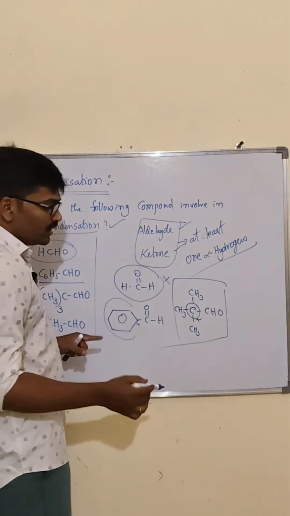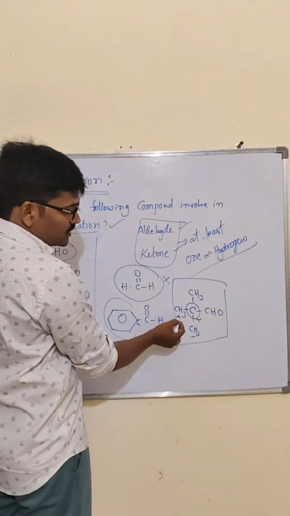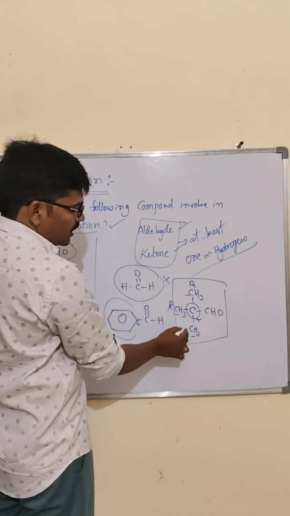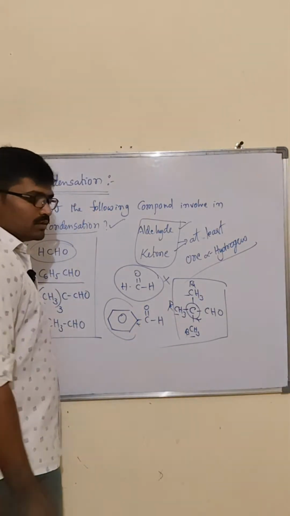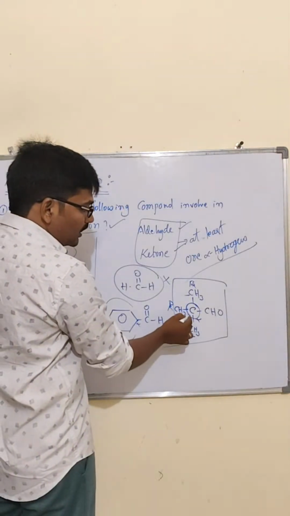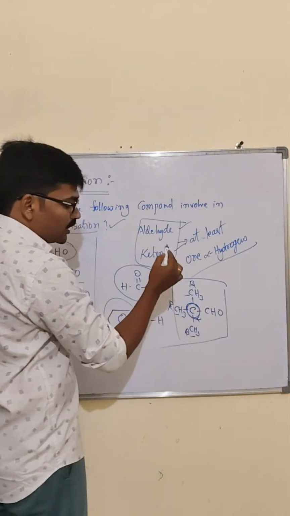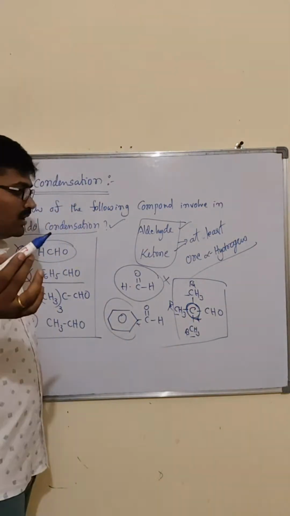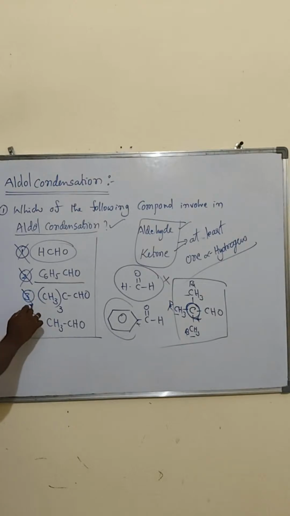Don't confuse. Sir, ikkadunna carbons evaithe unnayo ee carbons beta carbons avutayi. Alpha carbon ki attach ayina carbons anni kuda beta carbons. Alpha carbon ki elanti hydrogen atom attach avvaledu. That is the reason, so it is not involved in the aldol condensation.